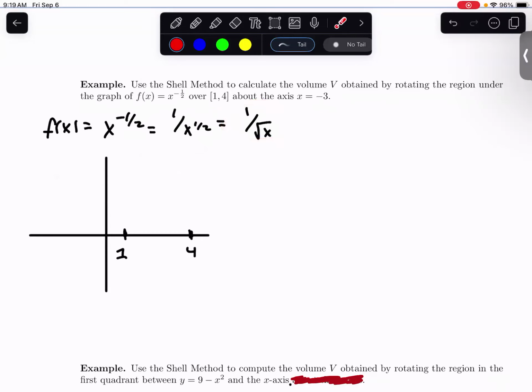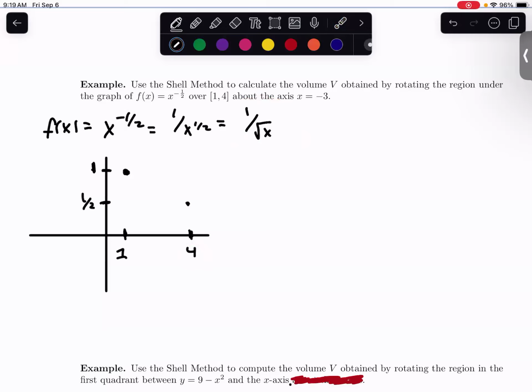The first thing we can do is just plug in x is equal to 1 and see what the value ends up being. If we plug in x is equal to 1 into 1 over the square root of x, you just get 1. Let me actually graph the point. So we get the point (1, 1). If you plug in x is equal to 4, you get 1 over the square root of 4, which is equal to 1/2.